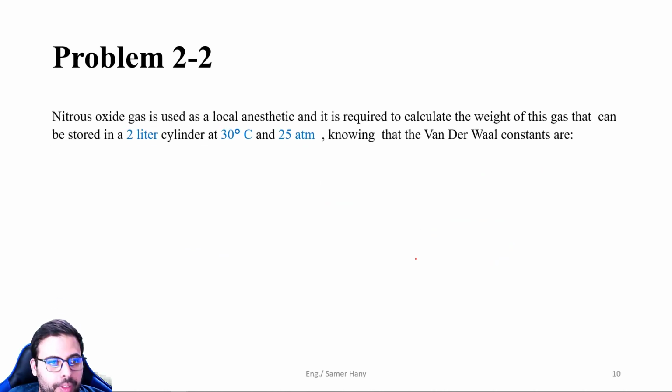All right. Next question. Nitrous oxide gas is used as a local anesthetic, and we are required to calculate the weight of this gas that can be stored in a 2-liter cylinder at 30 degrees Celsius and 25 atmospheres. So we have the total volume of the container, the cylinder at the doctor's clinic, V, 2 liters.